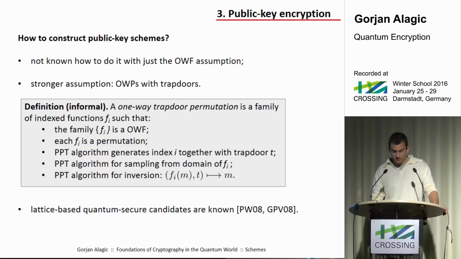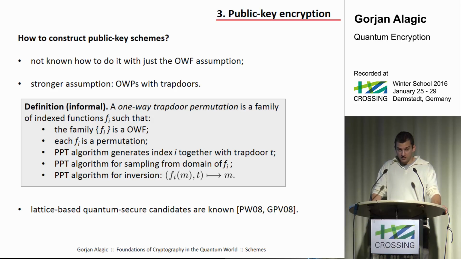First of all, it's a family of indexed functions, which, for starters, has to be one way. But we need some additional properties. First, each function in this family needs to be a permutation.